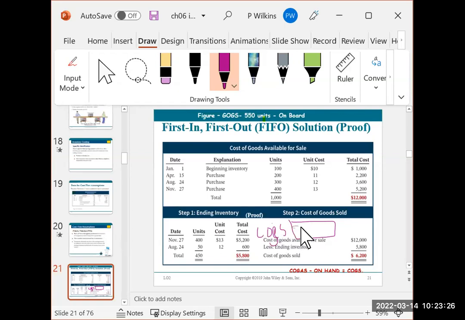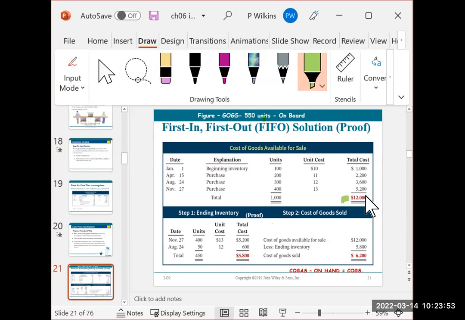So if this was the problem and this was in Wiley, your box would look like this, and you would put in $6,200 because that's the cost of goods sold. I'm going to show you how you figure it out. But you're only going to be putting in your actual final number, and you have to do everything on scratch paper.